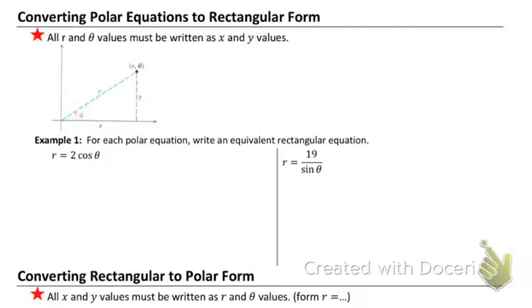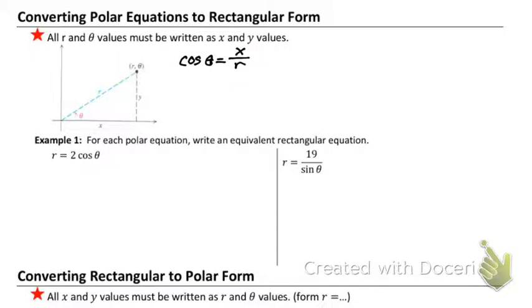The way we're going to do that is just using our knowledge of x's and y's and thetas and r's. Primarily, we're just going to write a bunch of facts right above this that deal with x's and y's and r's. So we're going to write something like, remember that cosine theta equals x over r.